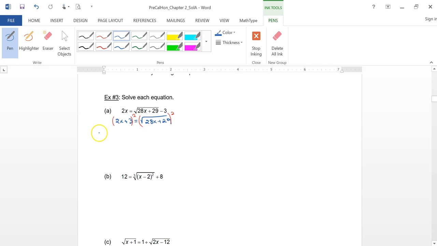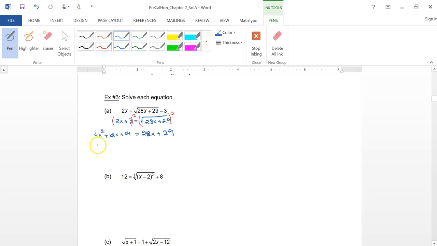Just be careful here, so we get 4x squared plus 12x plus 9 equals 28x plus 29. Always get 3 terms when you square a binomial. So now, magically, the root went away. And all you have is a quadratic equation, which we know how to solve.